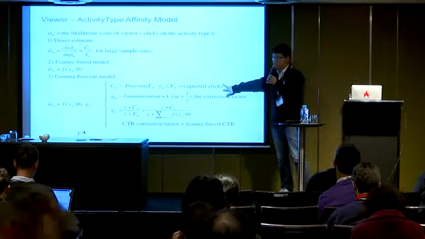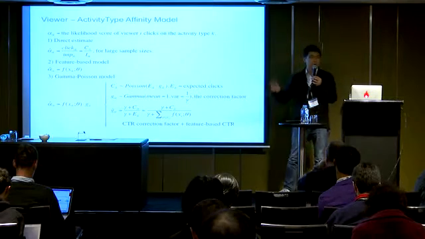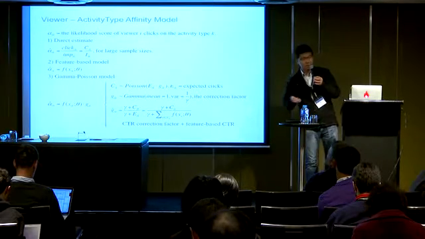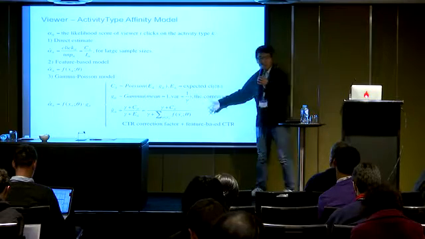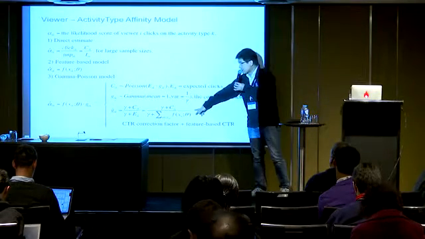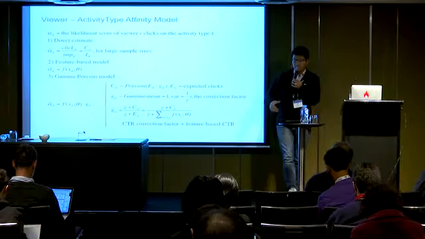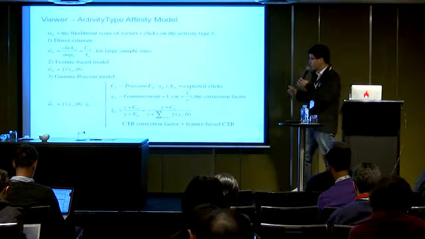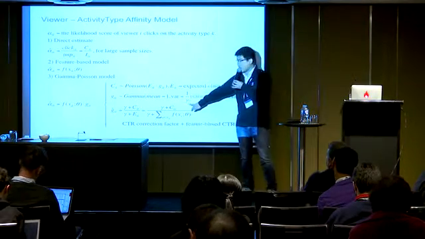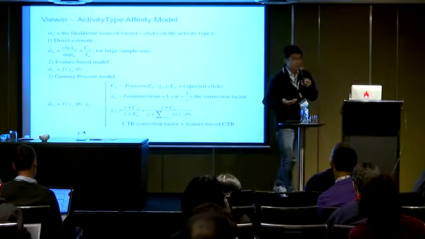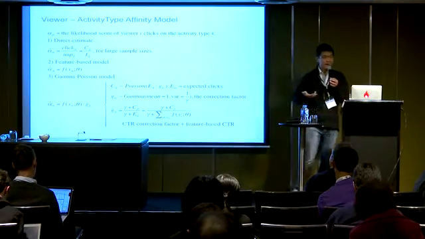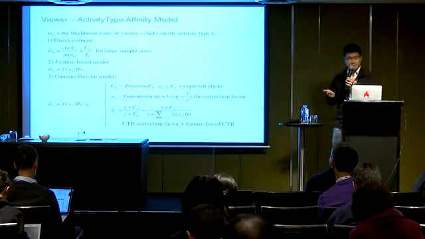The reason we chose Poisson and gamma is that they are conjugate priors of each other, so we can easily do the inference later. After many mathematical formulas, we can see that the correction factor is basically the observed click divided by the expected click, with some smoothing factor.